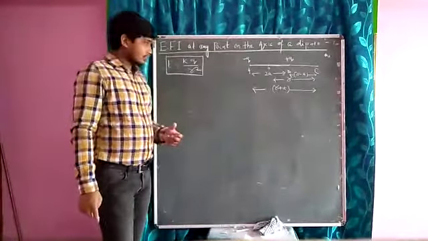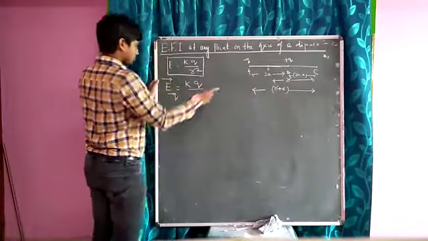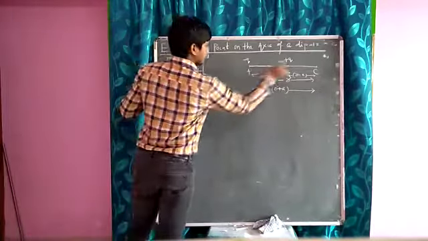vector minus q, meaning the electric field intensity due to minus q will be equal to kq by, what is the separation distance, from A to C it is r plus a. So this is kq by r plus a whole square. You see, this is a scalar one, only the magnitude part, and our electric field is a vector quantity.